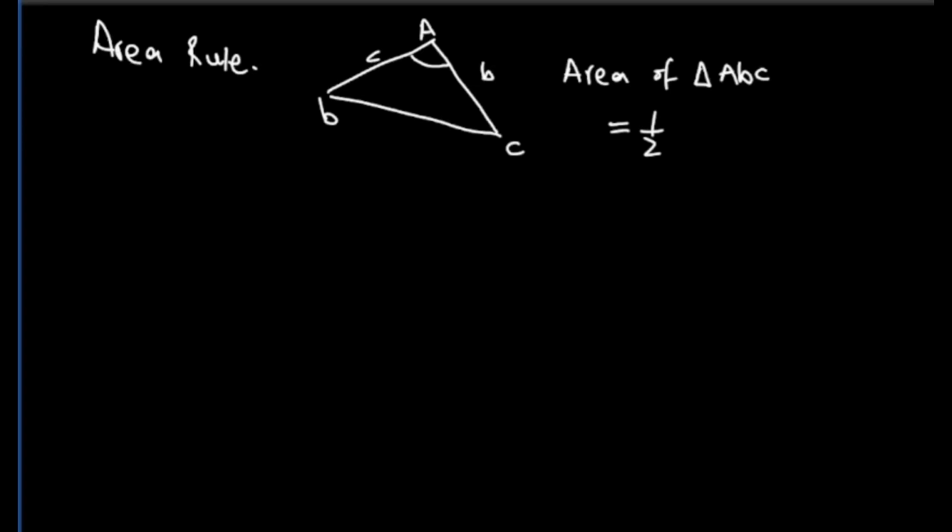So it will be half bc, the sine of that A. You happy with that, ne? Yes, 100%. So now, let's work on examples. Let's say that we have a triangle like this.